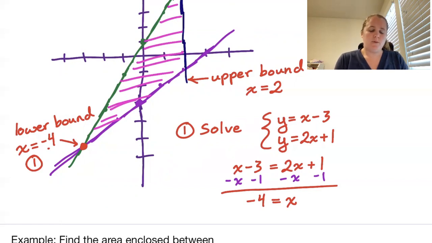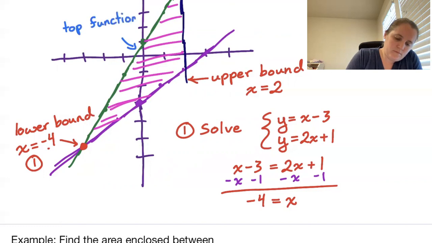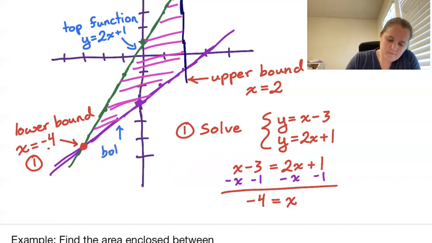And then our top function will be y equals 2x plus 1. Our bottom function will be y equals x minus 3.